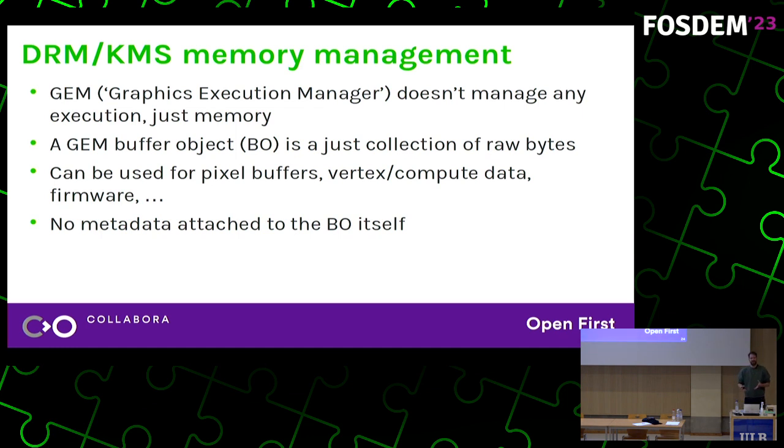So a GEM BO is just like a malloc pointer. It's untyped. It's a raw bucket of bytes. Can be pixel buffers. It can be shaders. It can be geometry meshes, whatever you want it to be. Doesn't have any properties or metadata, just a length and some content.